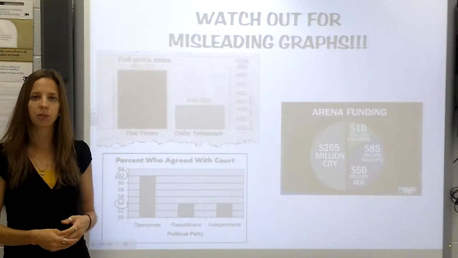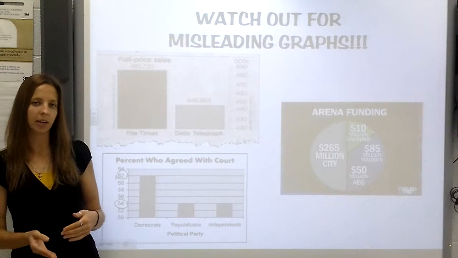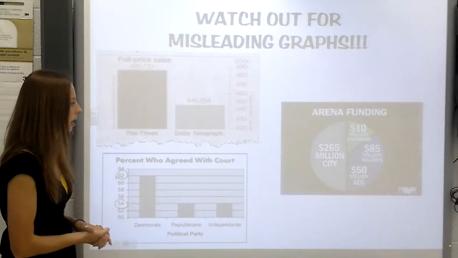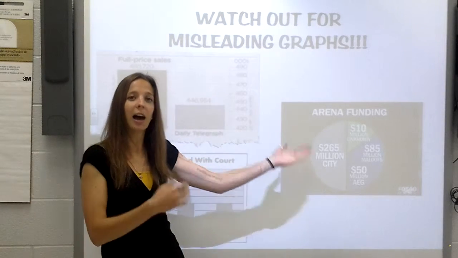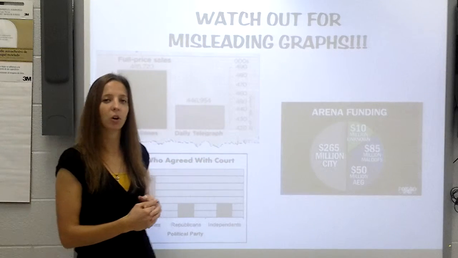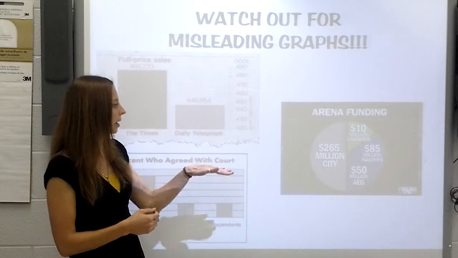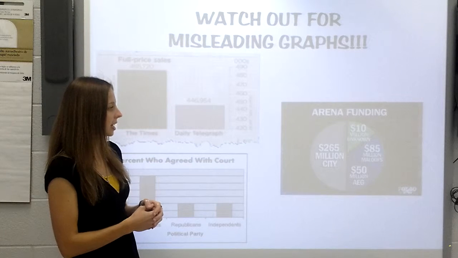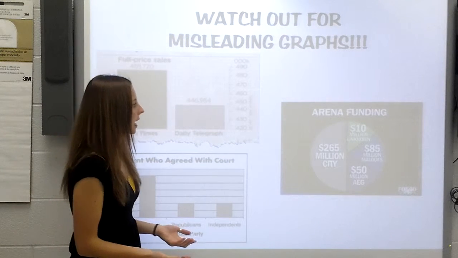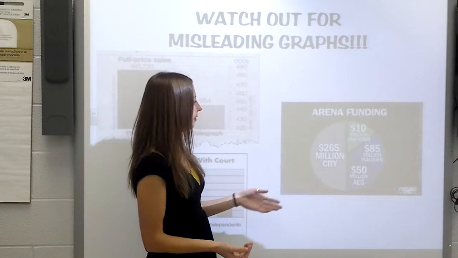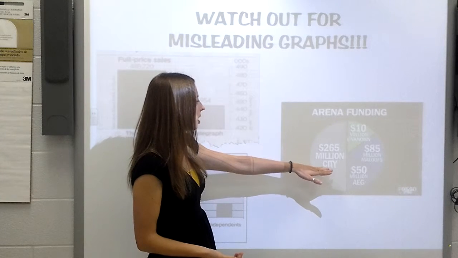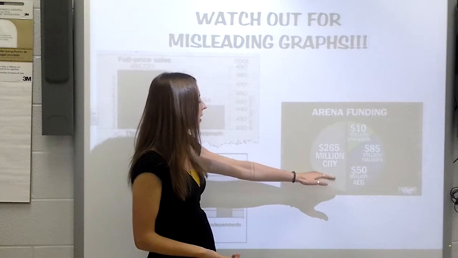Also, you don't typically use a bar graph to show percentage data. So that also can be a little bit misleading with this graph. Over here, the opposite thing happens. We usually would use percentages for arena funding or for pie graphs, and what you see is they actually put numerical values in there. And this is talking about arena funding, and they're saying that 265 million were paid from the city.